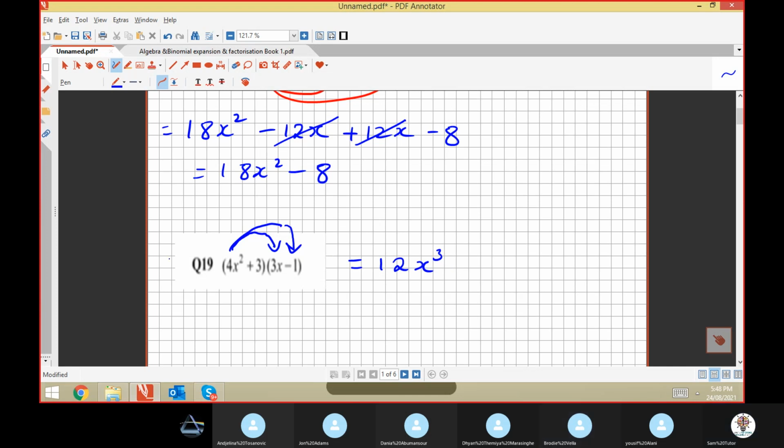Aya, 4x squared times negative 1. Negative 4x squared. Beautiful. And then again, 3 times 3x. 9x. And then last one, 3 times negative 1. Negative 3. Is there anything here that are like terms that you can simplify?